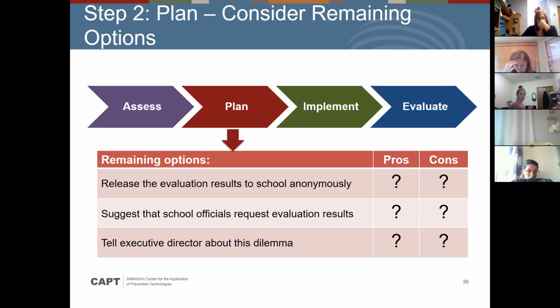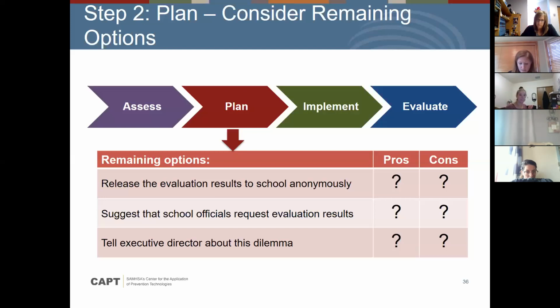Anything else that you could think of there as a pro or con? So a pro, they say, is sharing the evaluation results would put the research in the hands of the schools so they could decide themselves what they want to do. Once the school has that data, they could decide if they want to continue moving forward with it or if they want to take a different course of action. As Emily said, his boss is going to know.